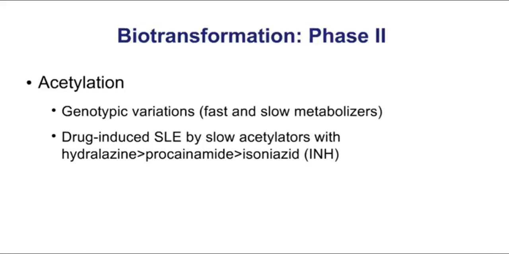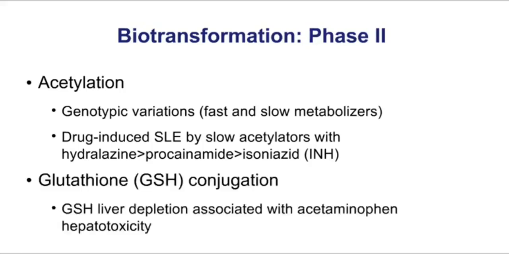You can come up with a phrase. You can say it's hip to have lupus. You can say HIP, H for hydralazine, I for isoniazid, and P for procainamide, the three lupus-causing drugs. You also have glutathione conjugation. We'll discuss this in more detail later on as we're covering acetaminophen hepatotoxicity.